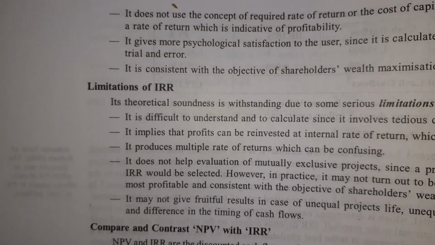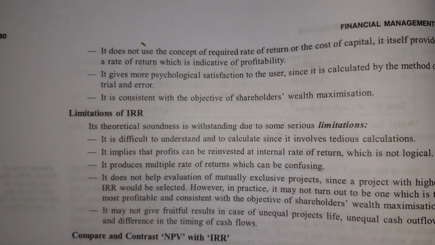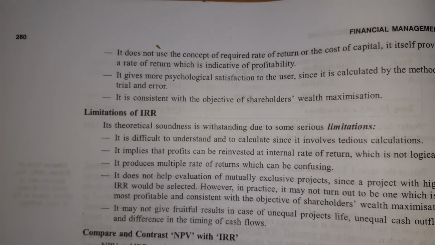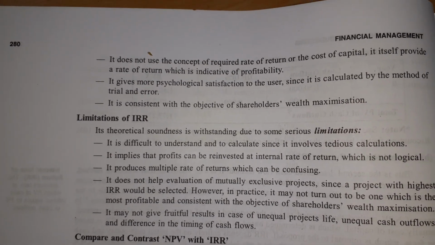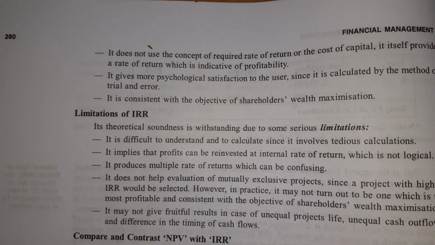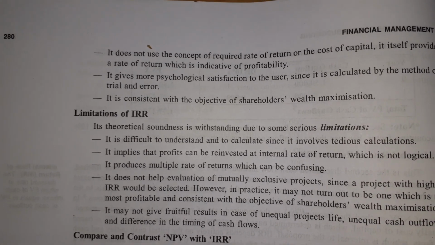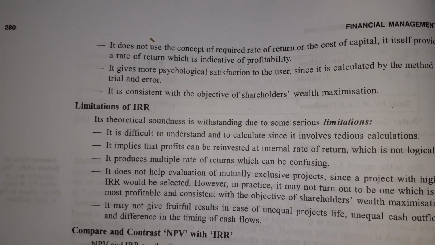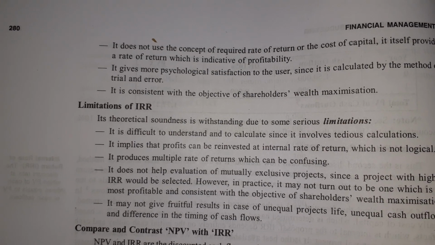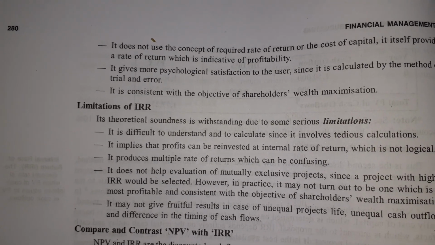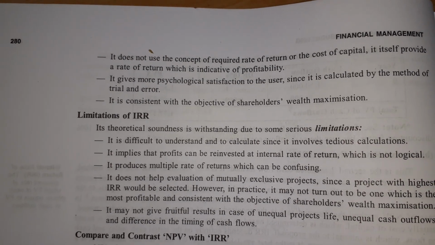In the limitations, it is difficult to understand and calculate since it involves tedious calculation. It implies that profit can be reinvested at the internal rate of return, which is not logical. It provides multiple rates of return, which can be confusing for people. It does not help in the evaluation of mutually exclusive projects. In the previous classes, when we did the NPV, we understood what mutually exclusive and independent projects are. In mutually exclusive, we have to select only one.